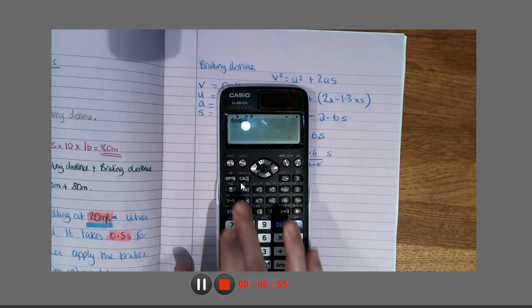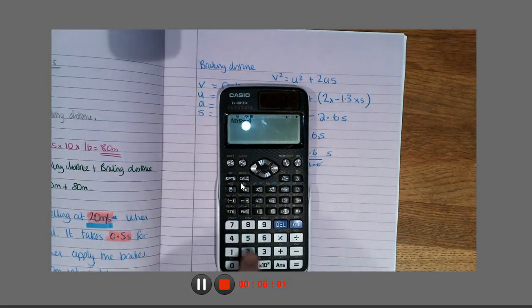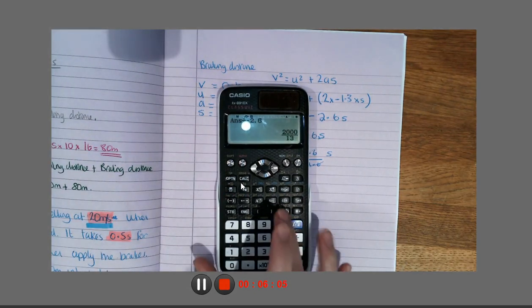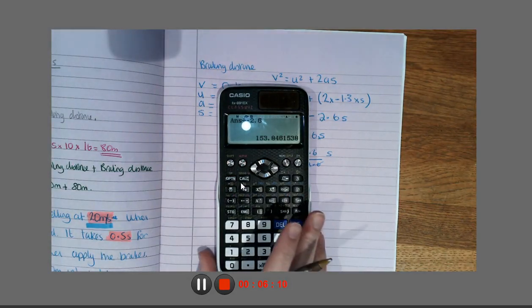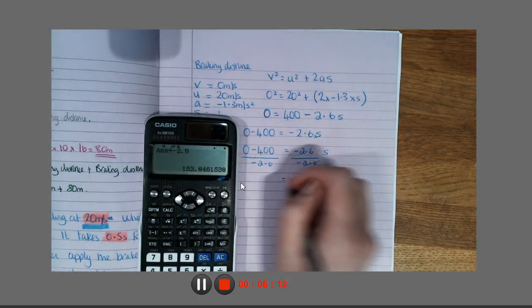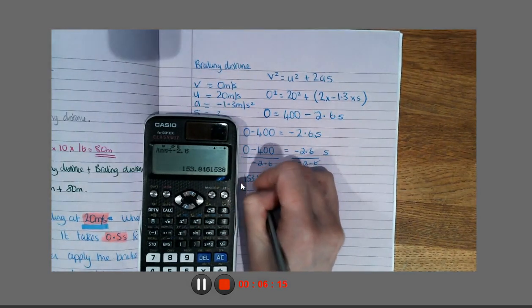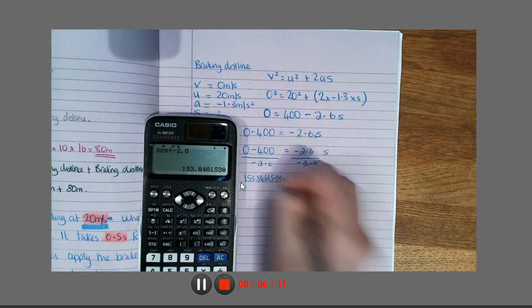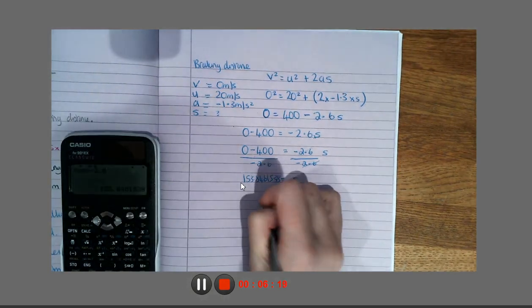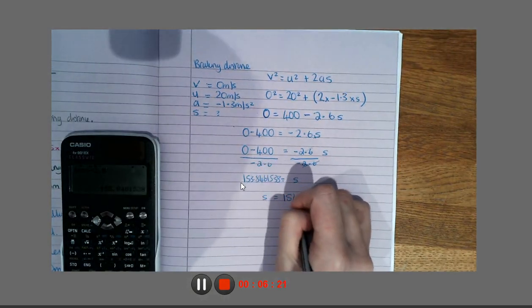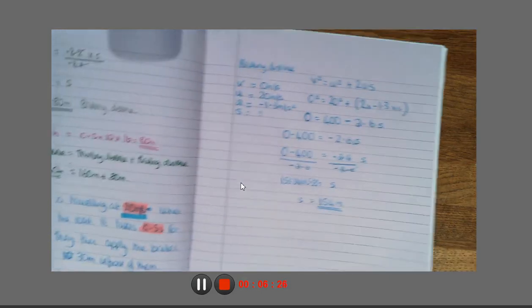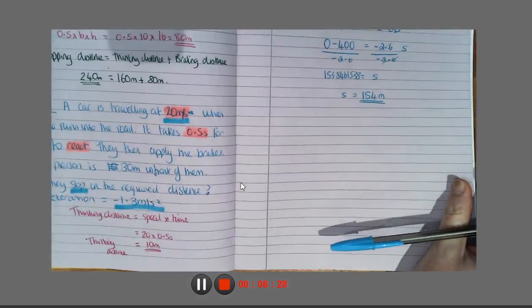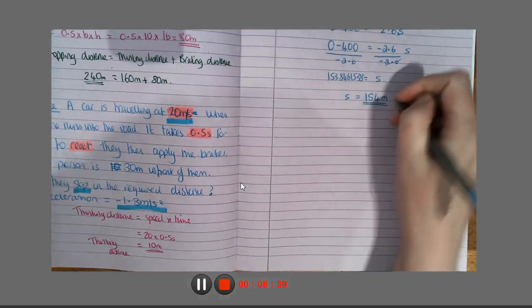And then I'm going to divide by minus 2.6, which gives me 153.8. I've written the full value there, and then I'm just going to round it to 154 metres. Okay, so I now have my two values. I've got my thinking distance and I've got my braking distance.